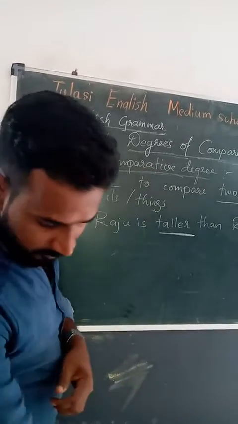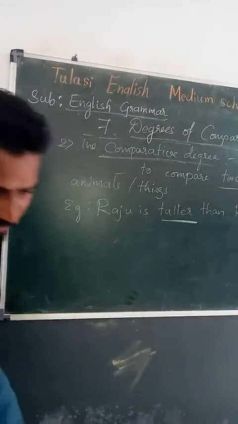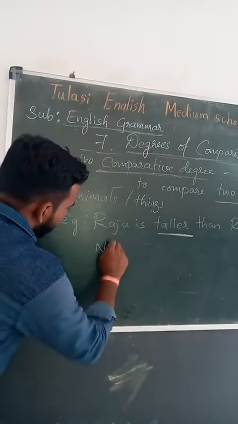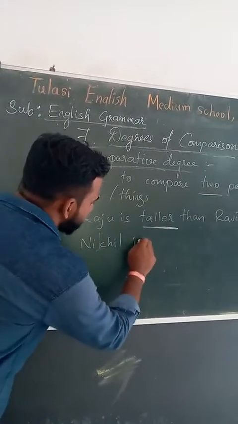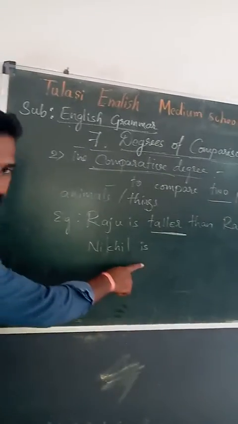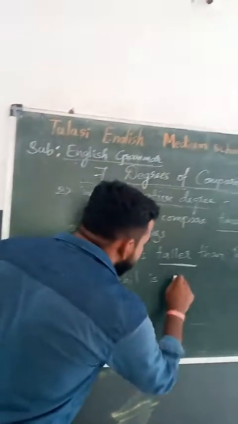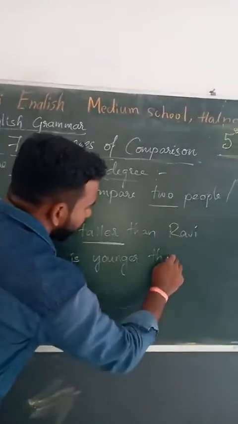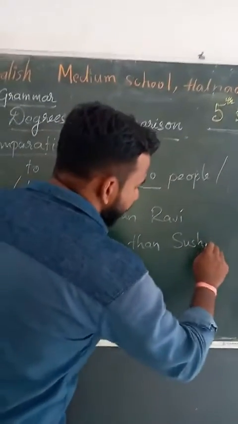One more example. Nikhil is a young man. Same example I am taking. Nikhil is in a positive degree. We took Nikhil is a young man. Nikhil is younger than Sushil.